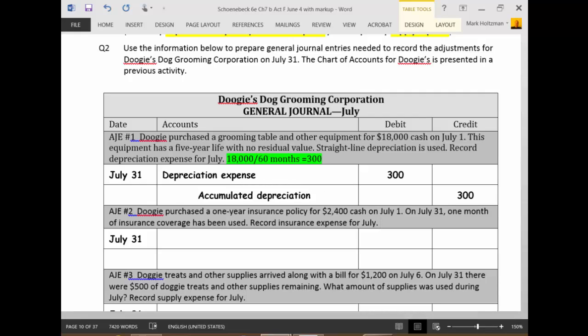So it's 1 year, so we divide 2,400 by 12 months, which equals $200 a month.